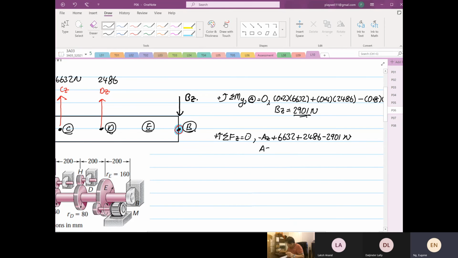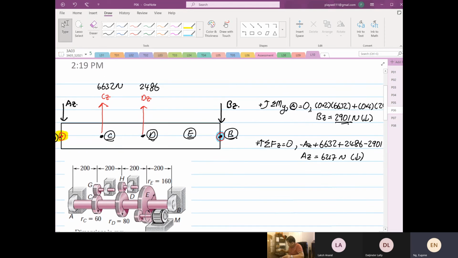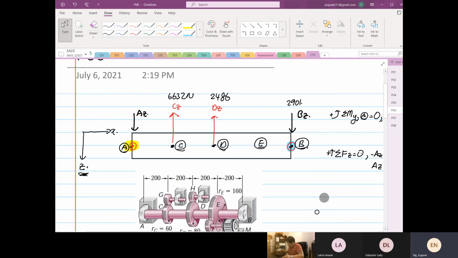So AZ is equal to 6632 plus 2486 minus 2901, which is 6217. And it's in the right direction. All of them are coming down. So we know that this is 2901, and we know that this is 6217.